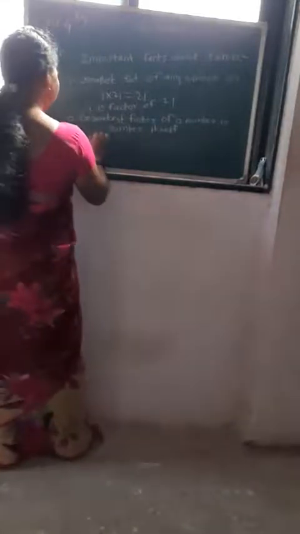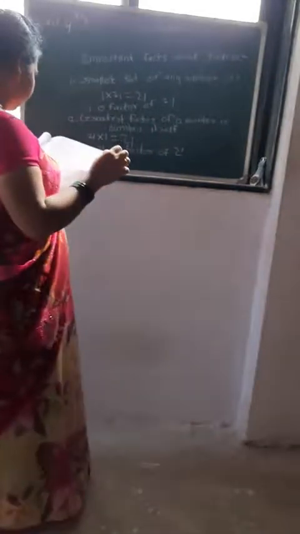That is, 21 multiplied with 1 is equal to 21. Therefore 21 is factor of 21.